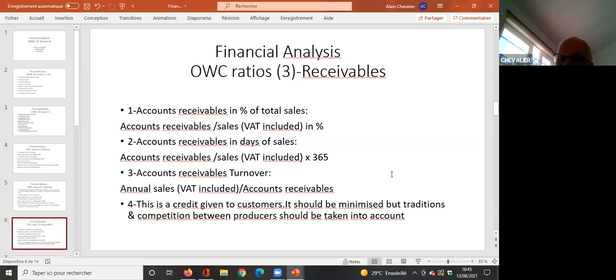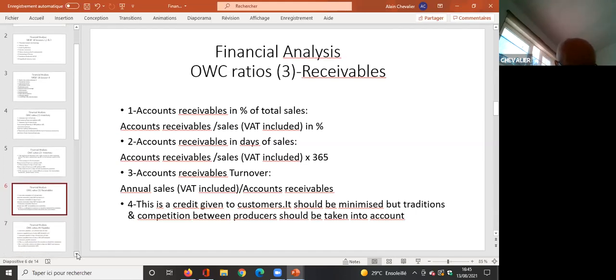Measure both dimensions, the direct financial one and the relation with the customers, and try to find the best balance between the different arguments. This is what we find here, and I think it's easy to understand.